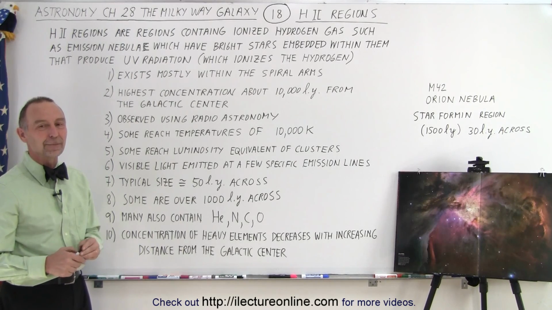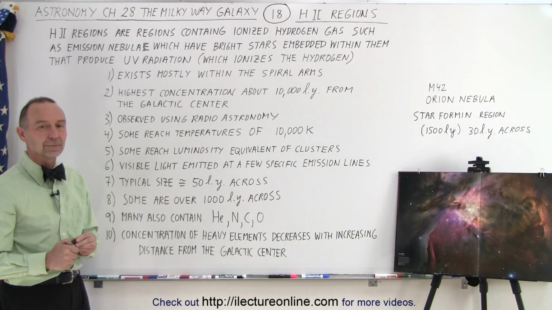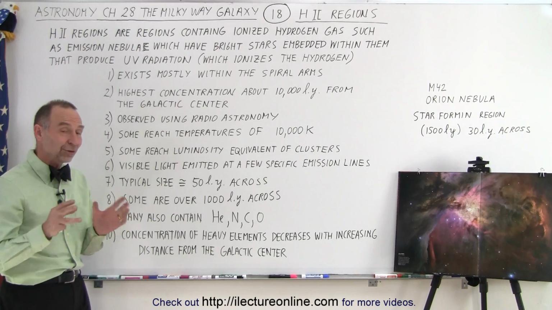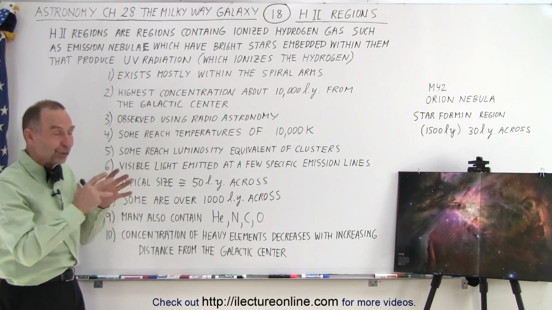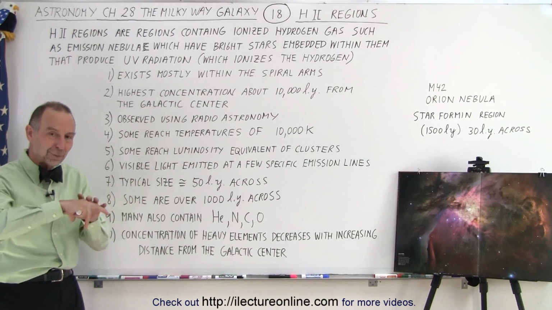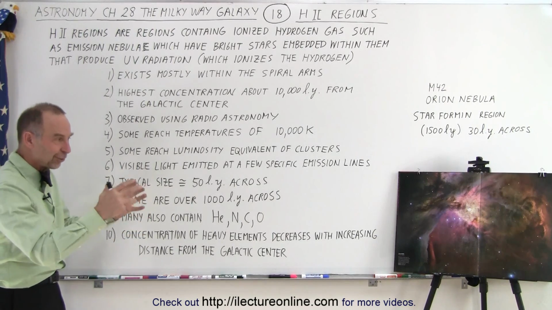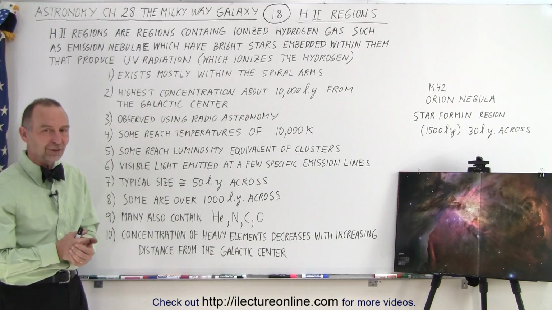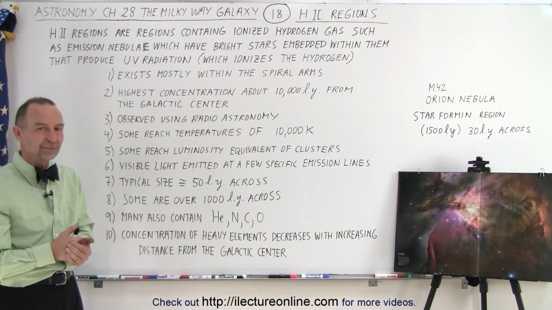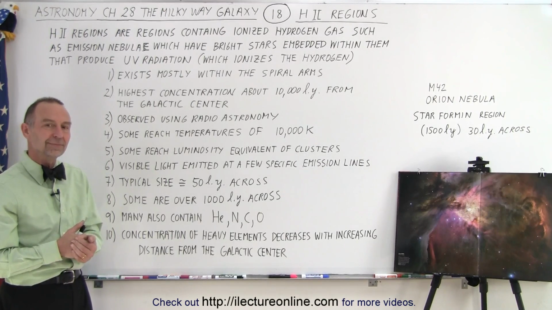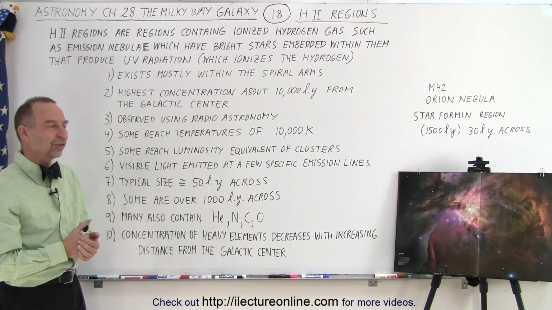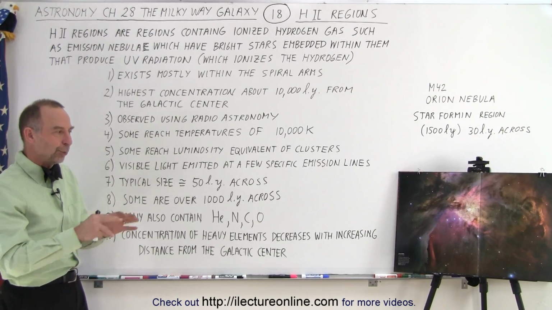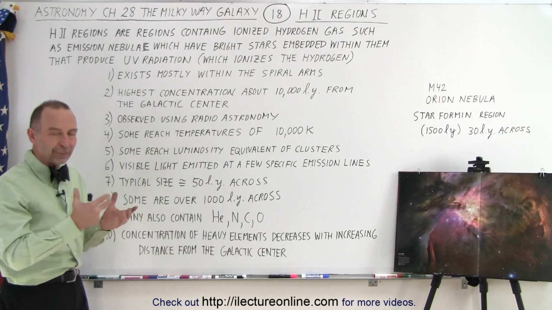So what's so different about this versus a stellar association? So stellar associations are stars that have been produced together at the same time. The regions where these are formed are typically what we call H2 regions, ionized hydrogen gas regions. So the stellar associations are in there? The stellar associations are embedded within them if they're being formed, right?